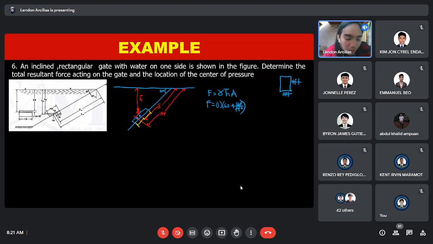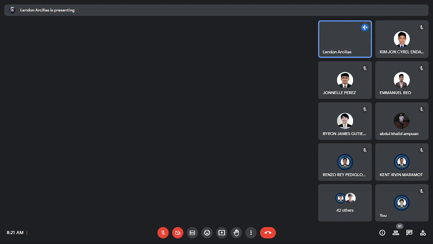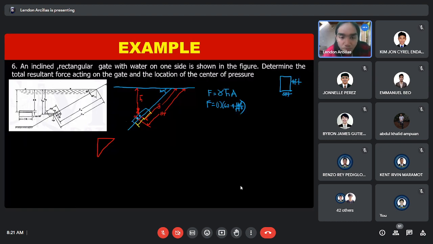So, to find the H bar, kailangan natin kukunin yung triangle dyan. Okay. So, kinuha ko lang yung part dito. Itong half na to. Which is, this is CG. So, this is 2 feet. So, this is 4 feet, right?